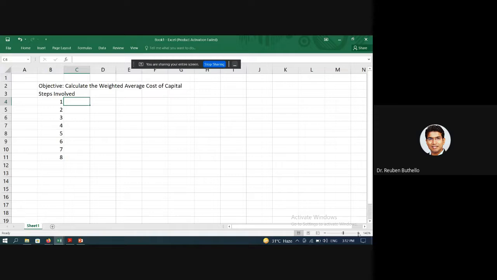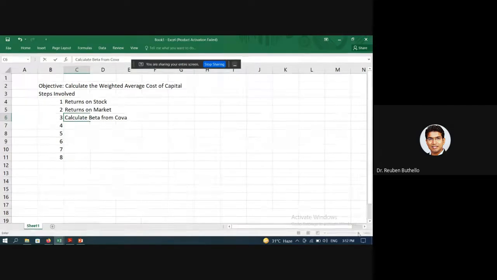First, we will get returns on stock. We will take returns on market, and calculate beta from the covariance divided by variance formula.